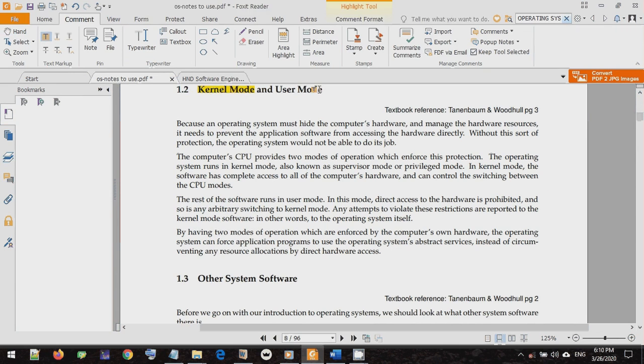This division is important because it helps to limit the access to hardware resources. Now, the operating system itself, or system software, generally runs in the kernel mode, while application software runs in the user mode.